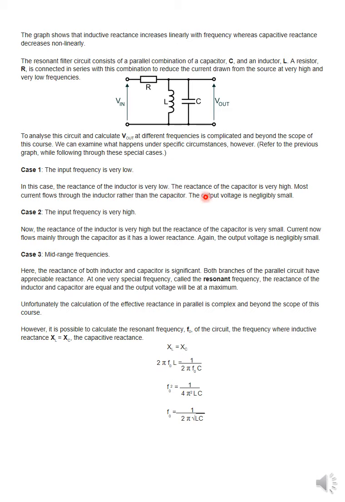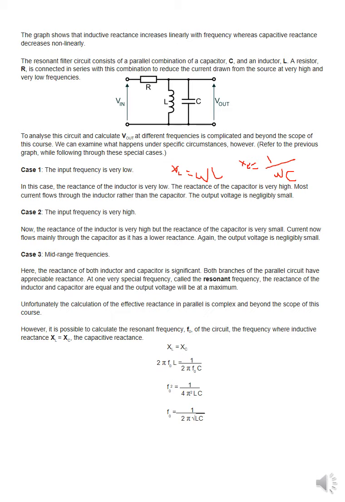When the input frequency is low, the reactance of the inductance is very low and the reactance of the capacitance is very high. Just use these equations: XL equals ωL and XC equals 1 upon ωC.